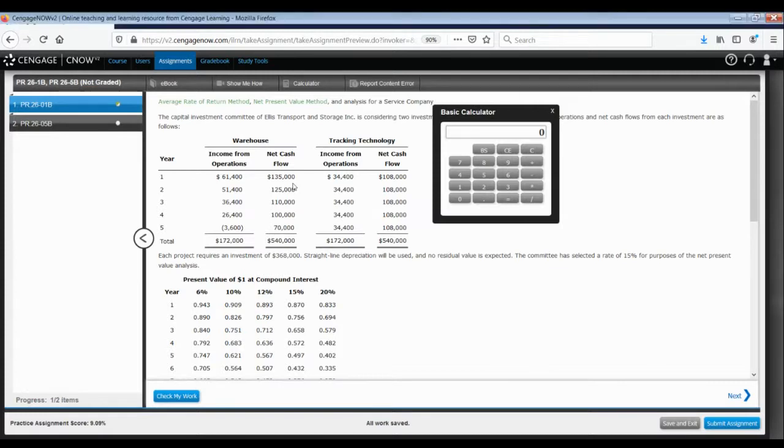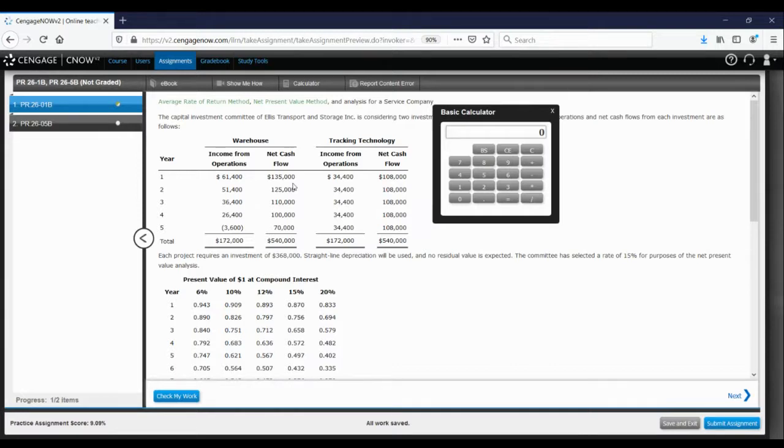Again, I would suggest that you write this down because there's going to be a lot of calculations in determining what the present value will be for the warehouse. We would be looking at each one of the 5 years separately.